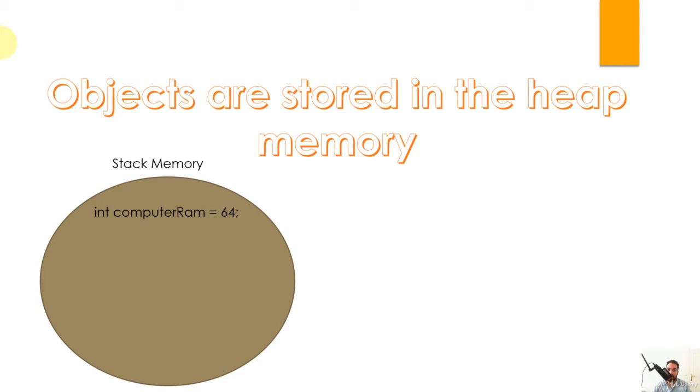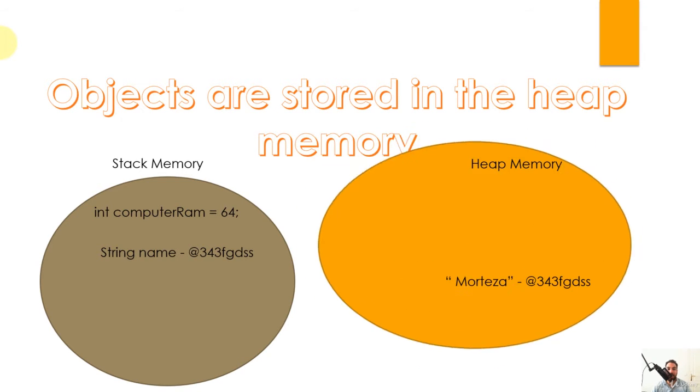But what happens when we want to create a variable of type String, which is not a primitive data type, but it's an object, a reference type? In that case, the stack memory is going to hold only the address of this object, of this string literal. So where is this String object actually stored? It is stored in the heap memory.